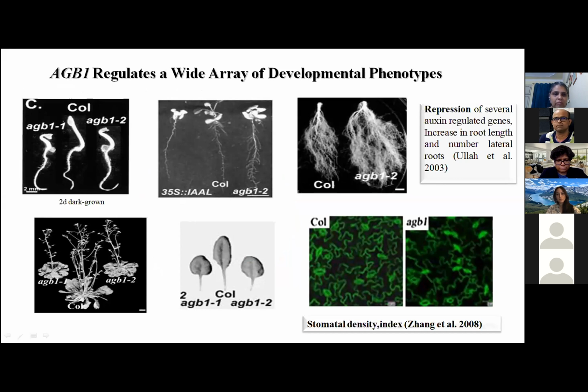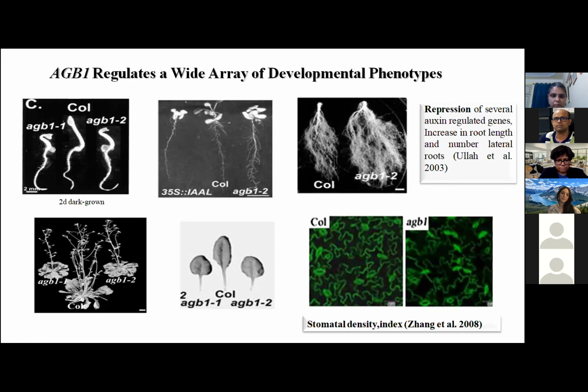As you could see, when you knock this protein out, the seedlings are shorter, but interestingly, the roots have huge mass. You have a lot of lateral root formation, and the root mass is huge. The leaves are also round and short compared to the control wild type plant, and stomatal density is also different.